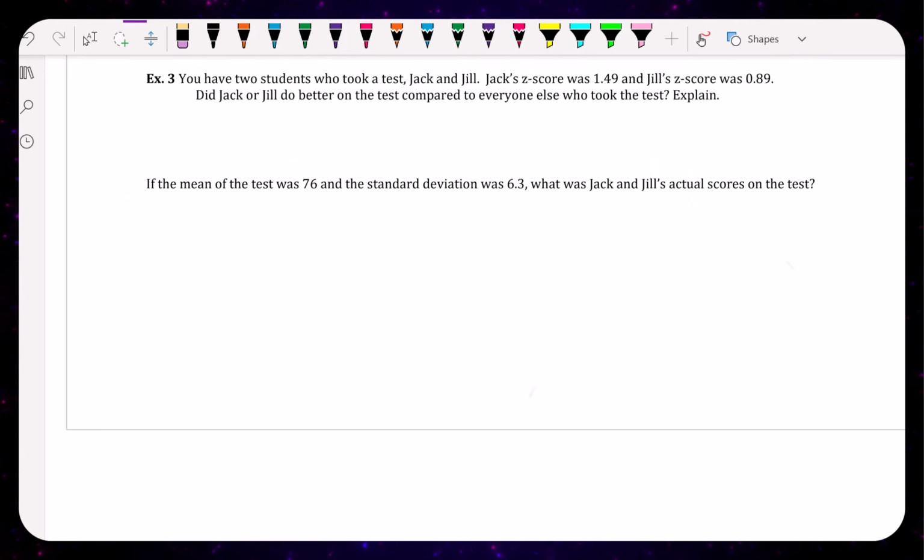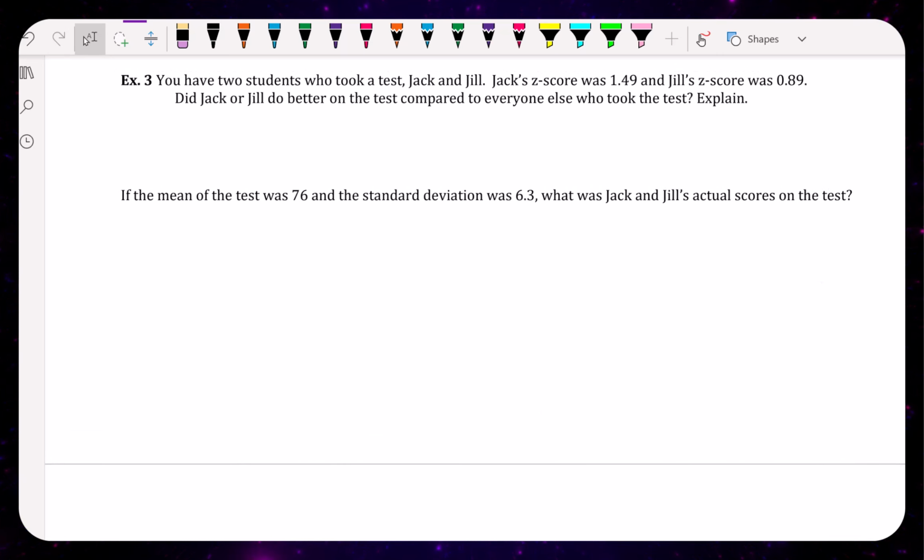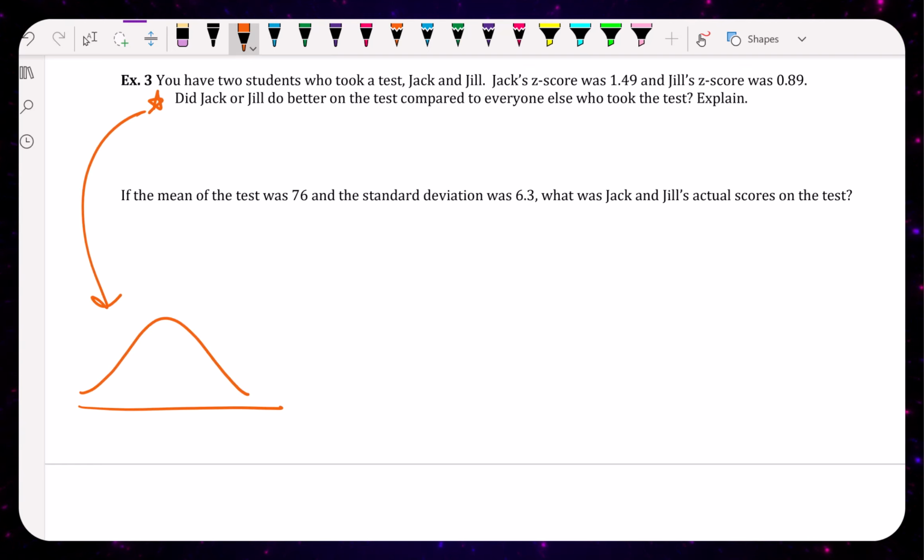Okay, so example 3. I don't have a lot of room, so I'm just going to do this right here. I'm going to make a big chart. So it says that Jack's z-score was 1.49. Where is 1.49? So this is 1, 2, 3.